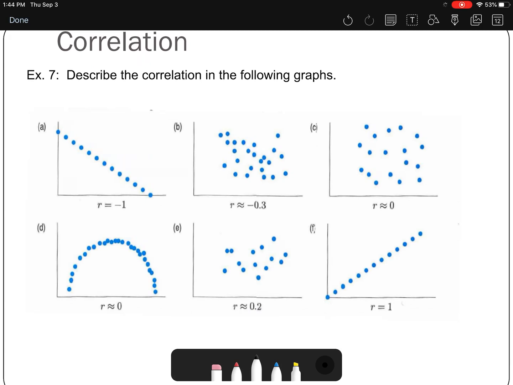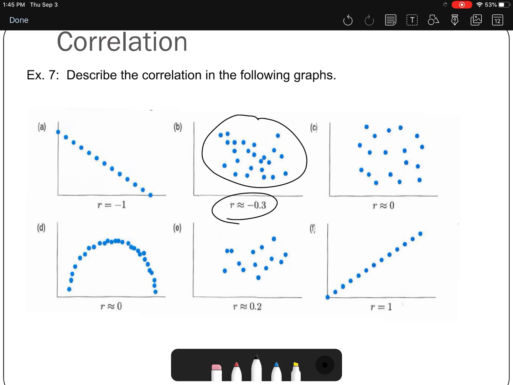Meaning, if you look at this picture, you can easily tell what I mean by that. Letter A is a perfectly correlated line in the negative direction, so it's -1. Letter F is perfectly correlated in the positive direction, so the correlation coefficient R is 1. But the rest of them, you can see, barely any of them have a linear correlation.